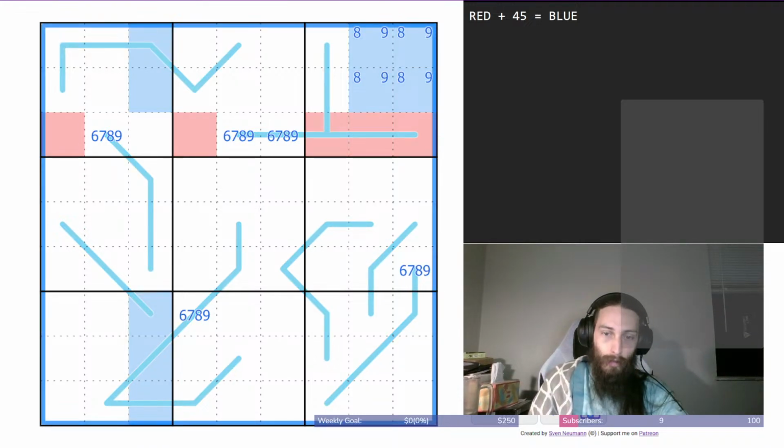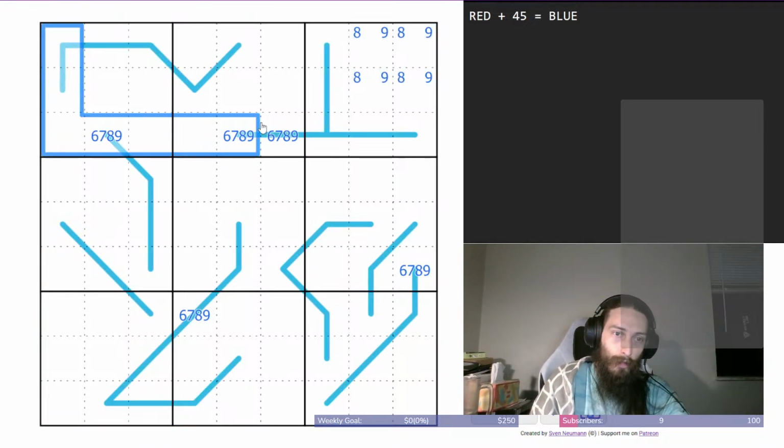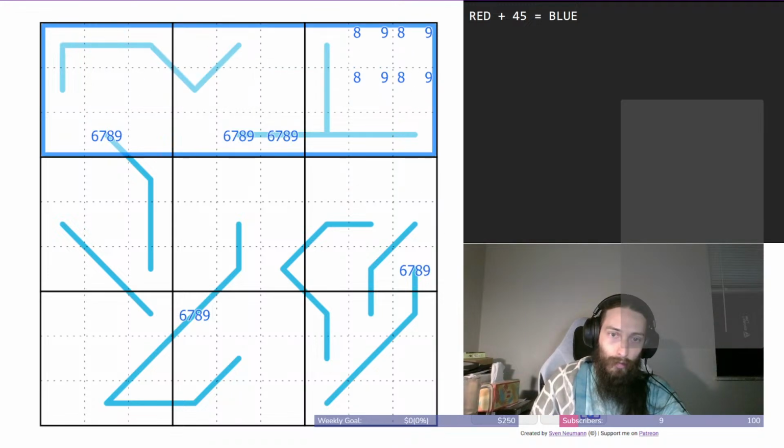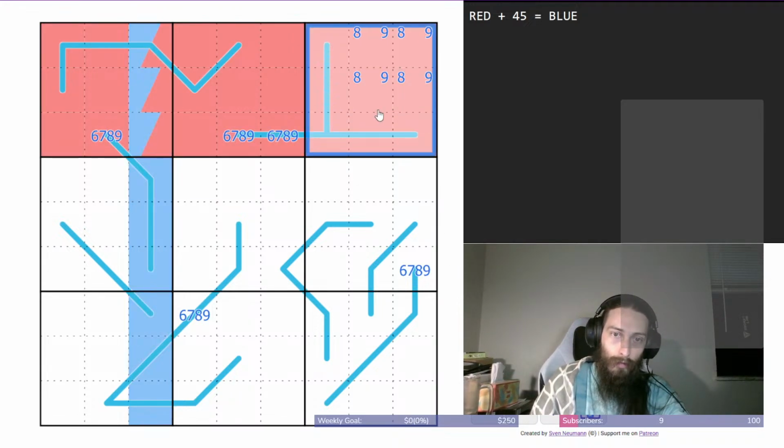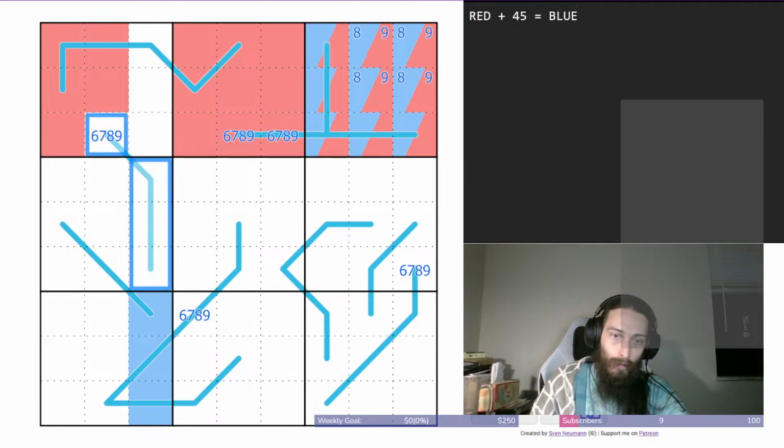Because another way I could have gone about the coloring here is, let's say all of this is red, and this is blue, and this is blue. Then I can cancel out that. I can cancel out those.